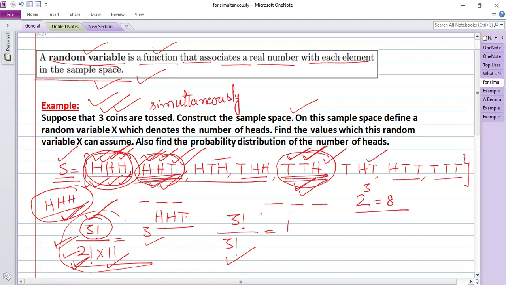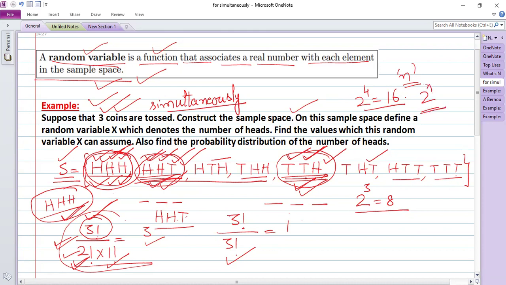If by chance we toss four coins simultaneously, then how many elements will be in the sample space? 2 raised to power 4, 16, and it will go on. So if we are tossing n coins simultaneously, how many points will be there in this sample space? 2 raised to power n.